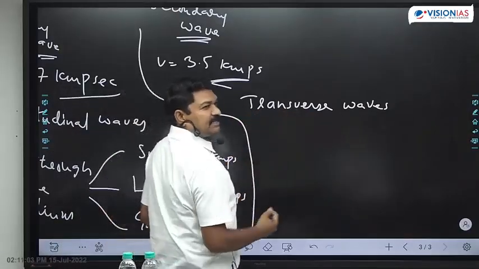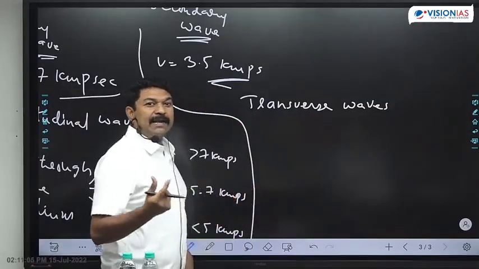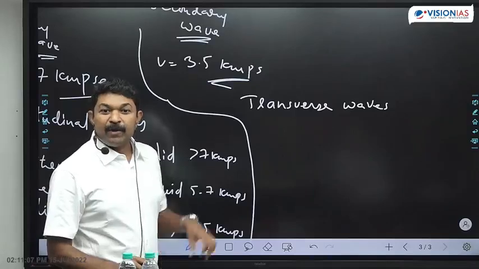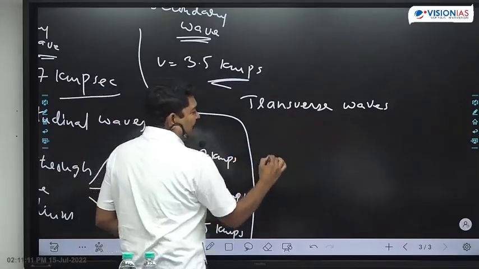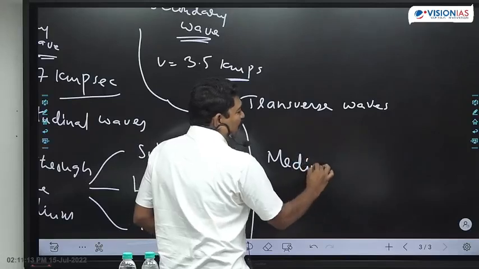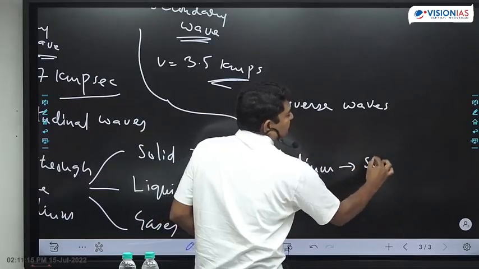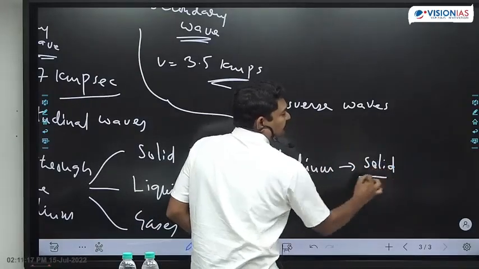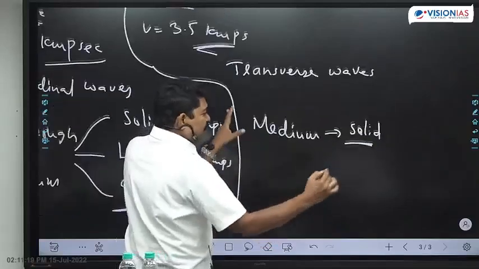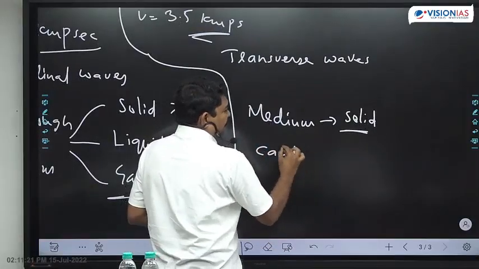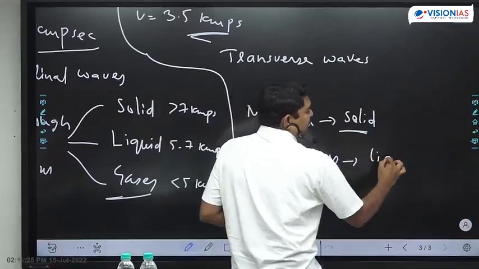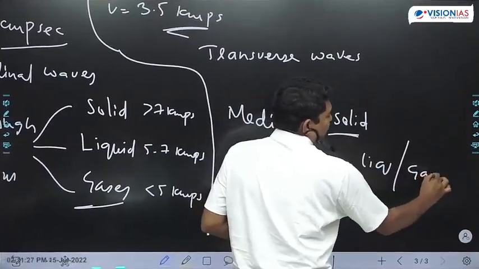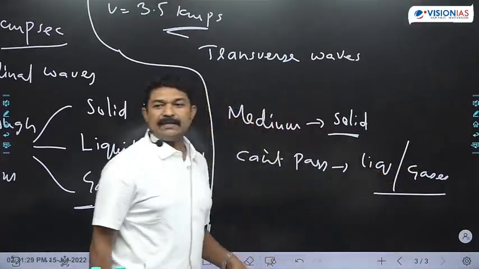This wave is giving very great inference regarding the Earth's interior because of its unique property. What is that unique property? This wave can move only in one medium called the solid medium. It cannot pass through either liquids or gases.